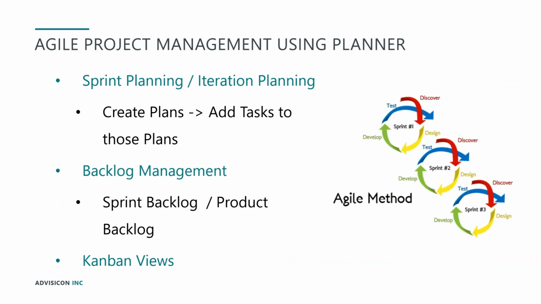From an Agile project management perspective, Planner is a nifty little tool. For the sake of sprints or your iterations, you're able to easily create buckets, and within those buckets you can create plans or tasks. Think of the card concept, like Kanban cards.